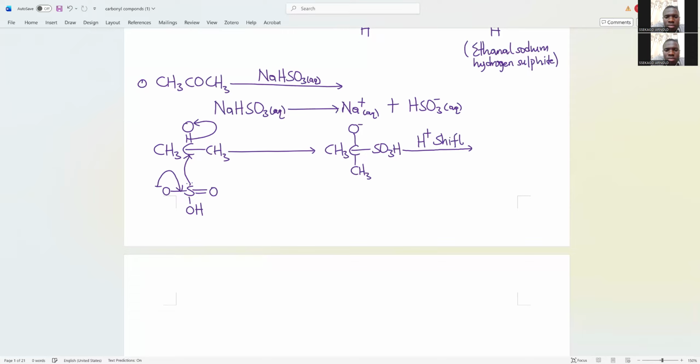Hydrogen shift resulting in formation of CH3, C, OH, CH3, SO3 with a negative like that. Then here, sodium is added so that we form a white precipitate.